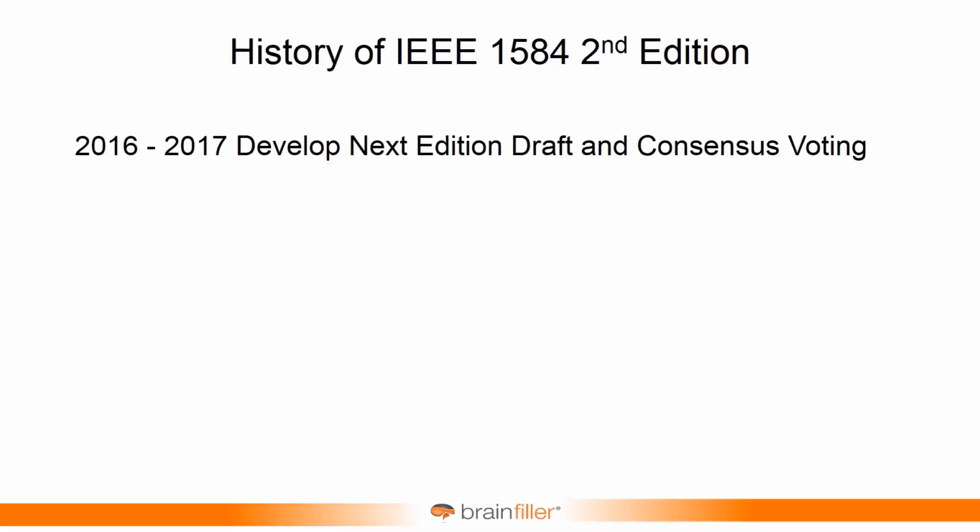Now what happened next is we took the model, a pretty massive amount of equations that I'll talk about here in a little bit, and we had to put everything into a draft of the next edition of IEEE 1584. Now this took a little bit of doing because we had text from the previous edition from 2002. We were massaging it to fit the new model.